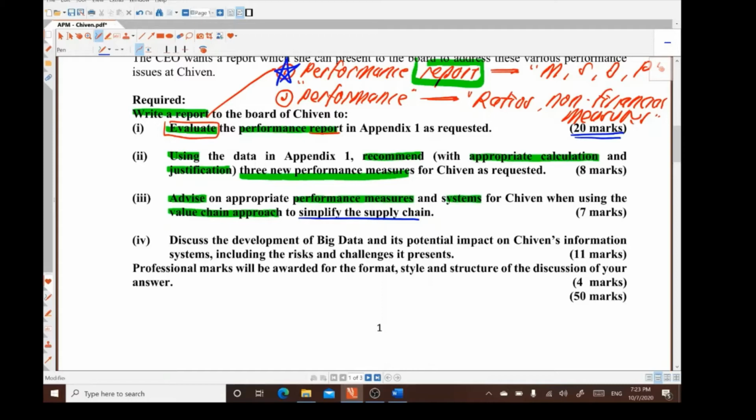Most of the time in the examination, some students probably have the mindset that this value chain approach or even the system is one of the topics I used to cover in my SPL studies, so I'm going to apply the same way I answered my SPL questions back to this APM.